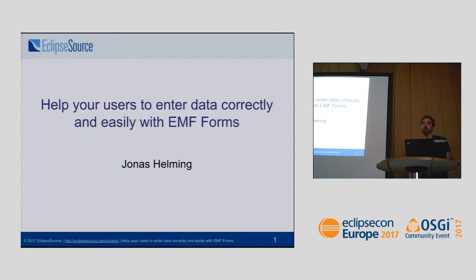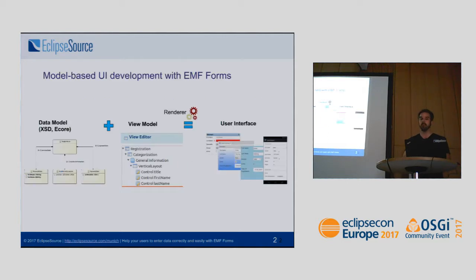It's a framework to build form-based UIs efficiently. Those form-based UIs are based on the data model, and the idea is that you don't code your form-based UIs manually, but instead you describe them with a declarative artifact that we call a view model. So at the end you have two artifacts, a data model, in our case typically an eCore in EMF, but it could be also an XSD or UML or whatever.